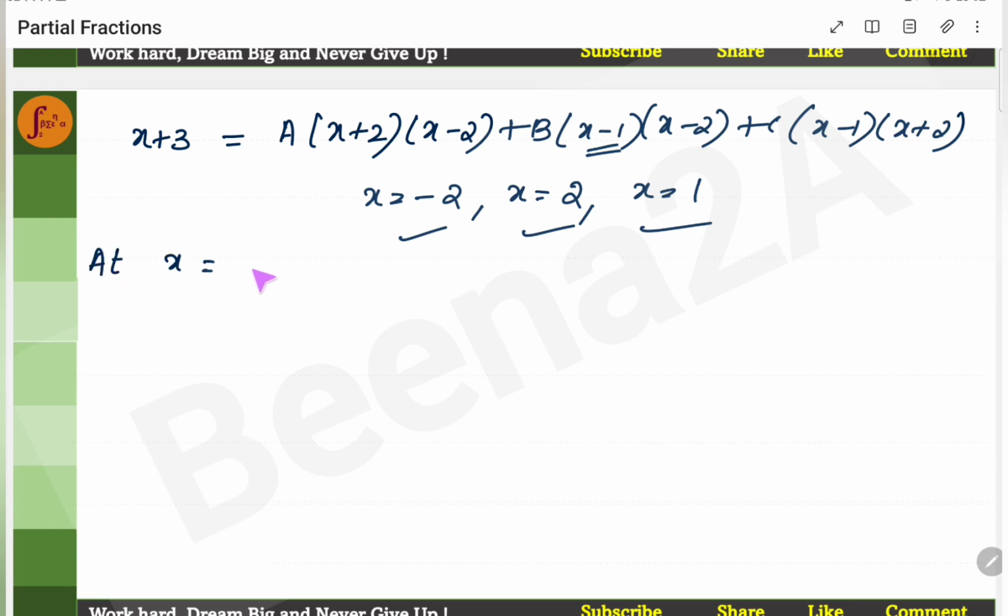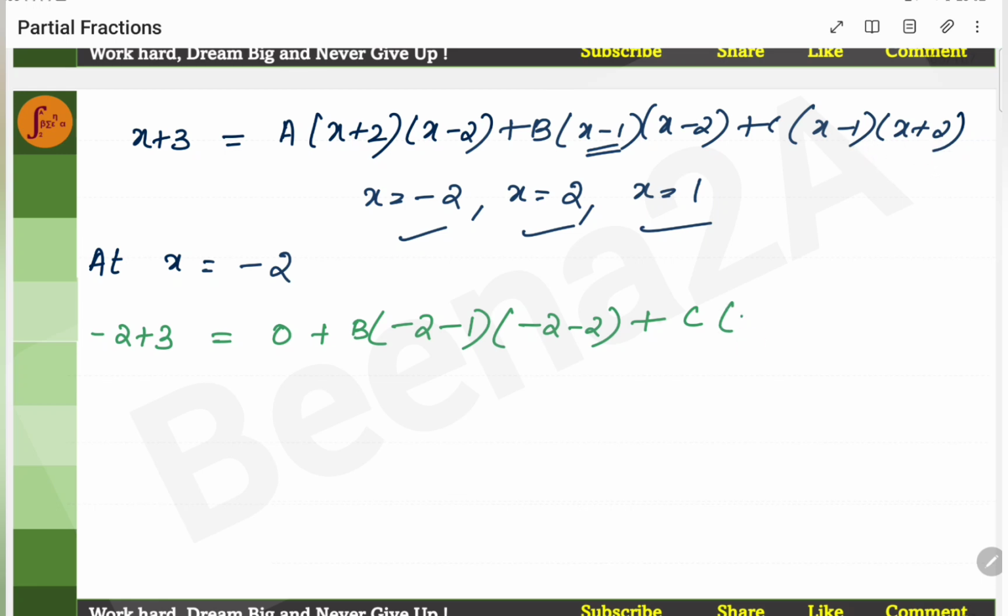At x is equal to minus 2, we'll get minus 2 plus 3 is equal to, here minus 2 plus 2 will become 0. Here you will get b into minus 2 minus 1, minus 2 minus 2. Here it will become 0, right?